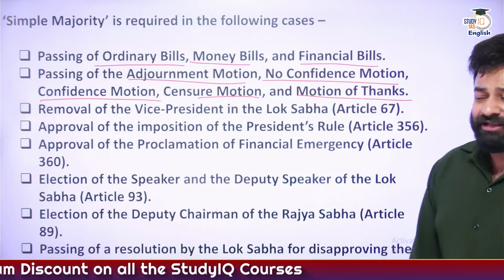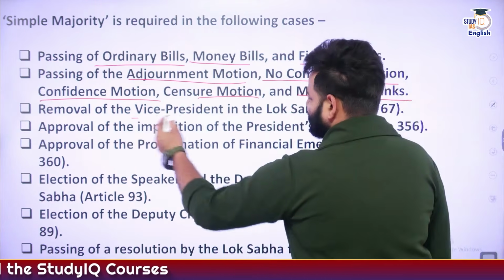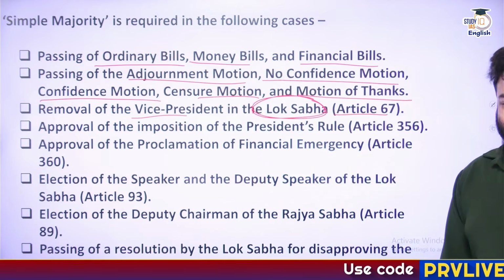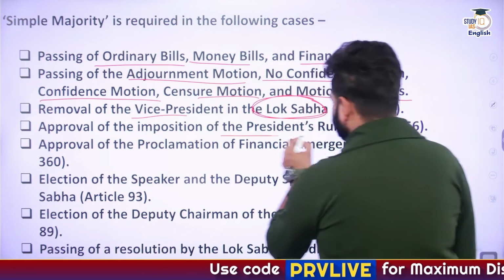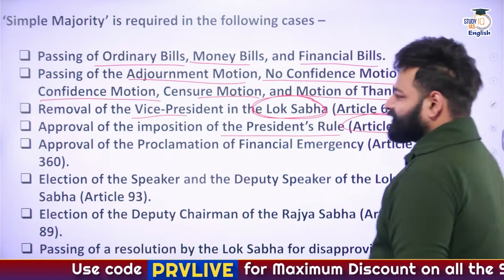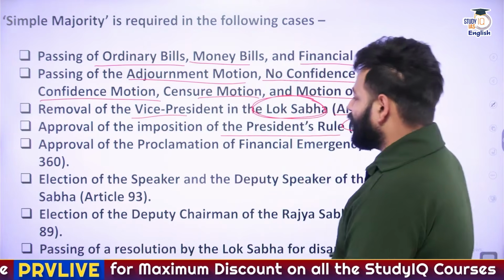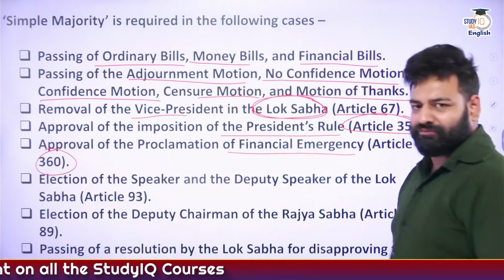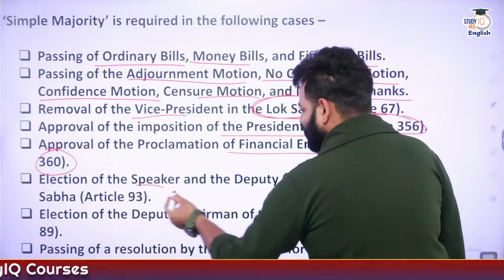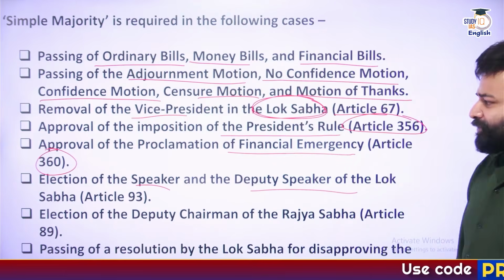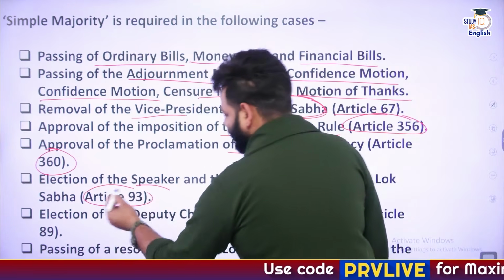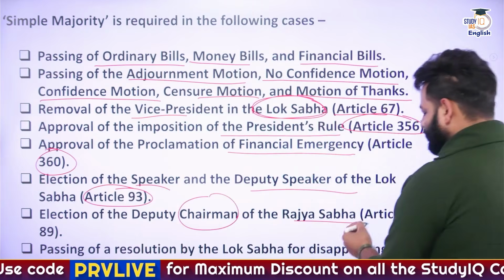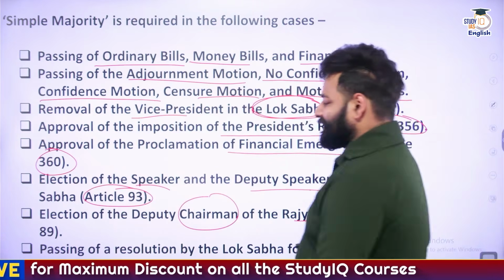Then, removal of the Vice President in Lok Sabha only, that is Article 67; approval of imposition of President's rule in any state under Article 356; approval of proclamation of financial emergency under Article 360; election of the Speaker and Deputy Speaker of the Lok Sabha under Article 93; and election of the Deputy Chairperson of the Rajya Sabha under Article 89.